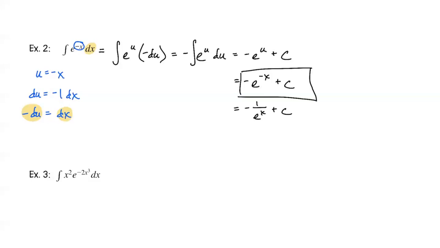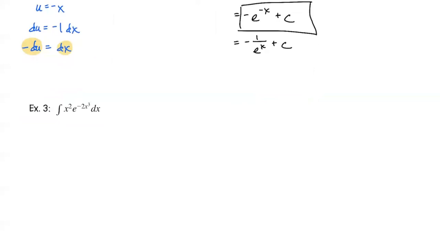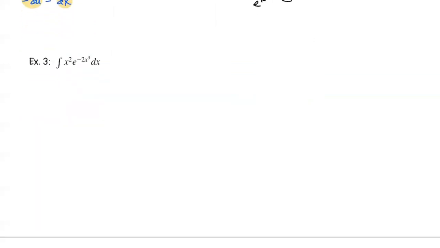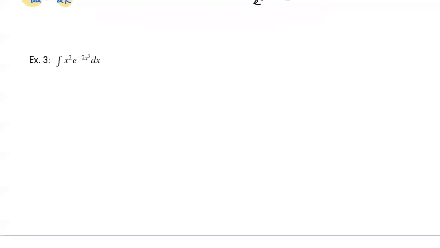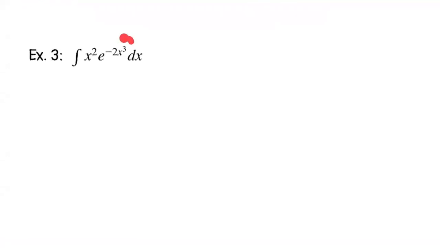But I think we're going to go more with Abby's line of thought here, because one of the questions I asked us to think about yesterday is, when you look at a question, do you see a function and part of its derivative? And if we zoom in here, we might see that we have this negative 2x cubed. And we know when we take a derivative, we're going to end up with an x squared power, all right? And so that's a really good clue for us that we're going to use u sub.